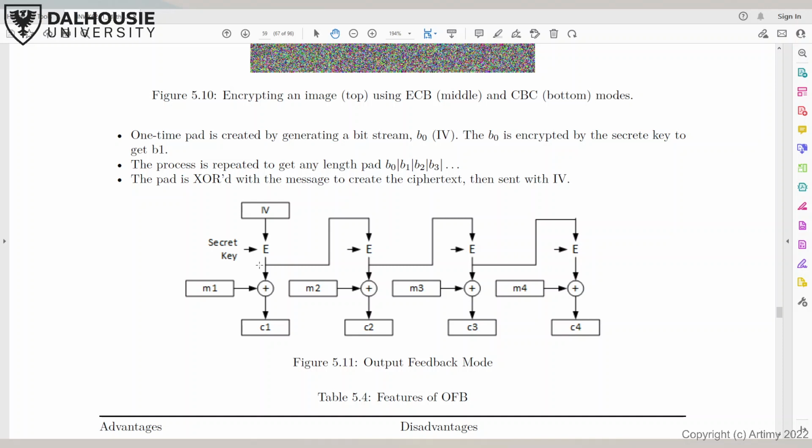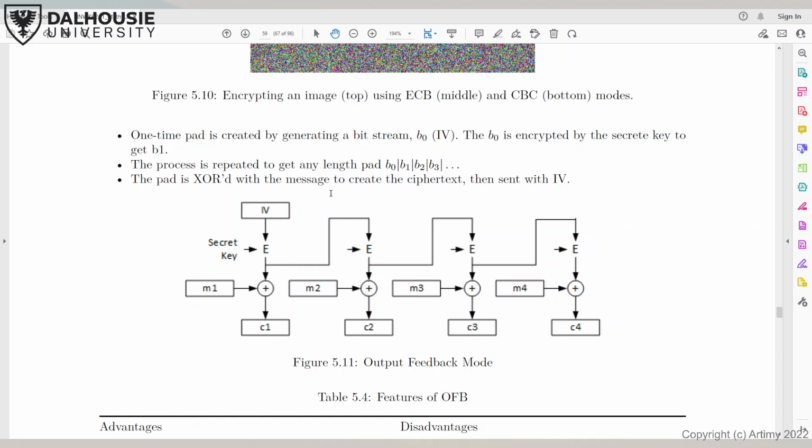The advantage of this technique is that we need to calculate the top part, the pad, the one-time pad, only once. So we can do this once and save it, right? We can generate a long one-time pad, save it, and then every message that comes and we want to encrypt, we just need to XOR it with the one-time pad.